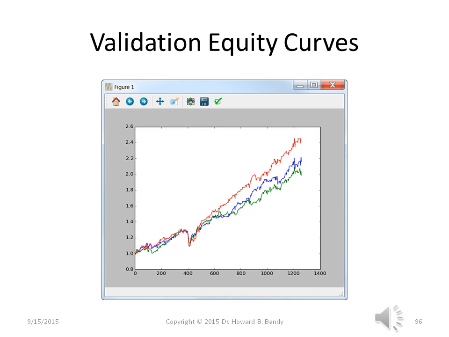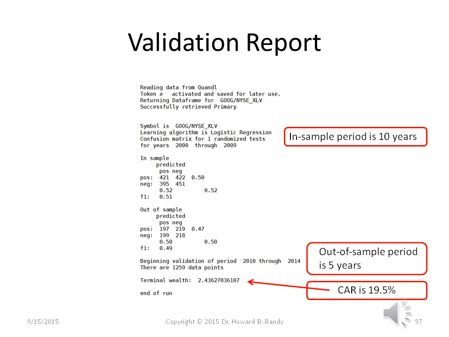I used the machine learning techniques to predict long or flat for XLV, the S&P Select Sector Fund. And these are 3 out-of-sample equity curves. Here is the report of one of those.